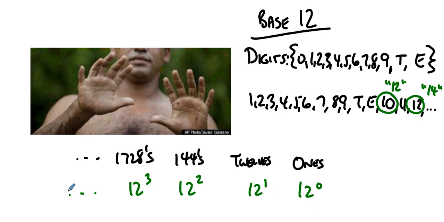Every base goes this way. Whatever the base is, there are that many digits. The last digit is one less than the base. And the place values are all powers of that base. So how do we convert back and forth? That's another screencast.